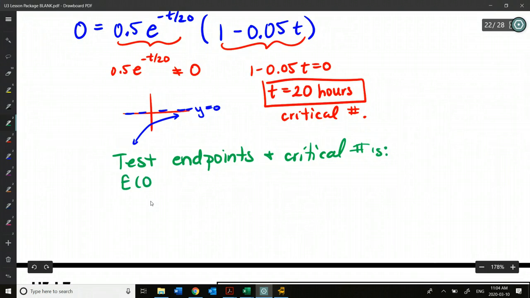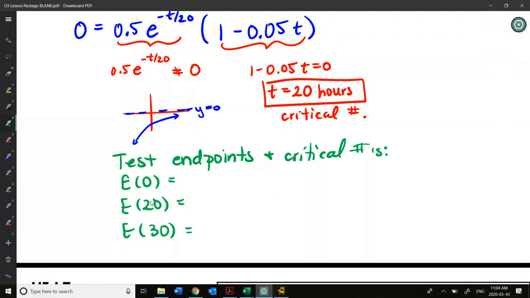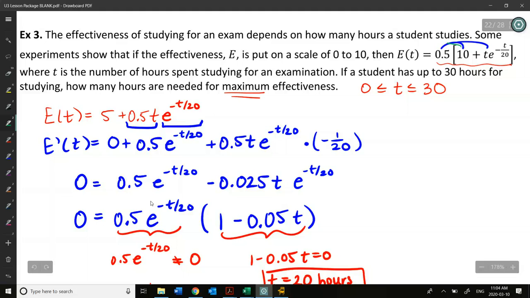So you're going to evaluate E at 0, E at 20, and E at 30. These are going to give us the effectiveness of that number of hours of studying along the scale from 0 to 10. So we're subbing this into our original function up here. Take a second and do that.